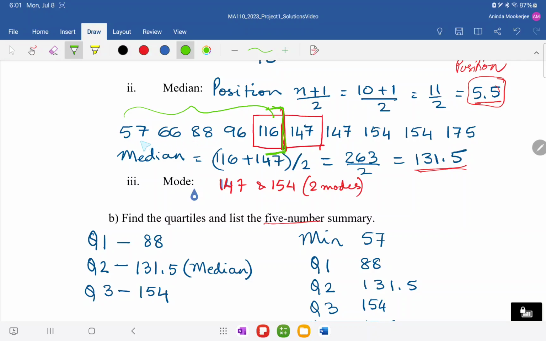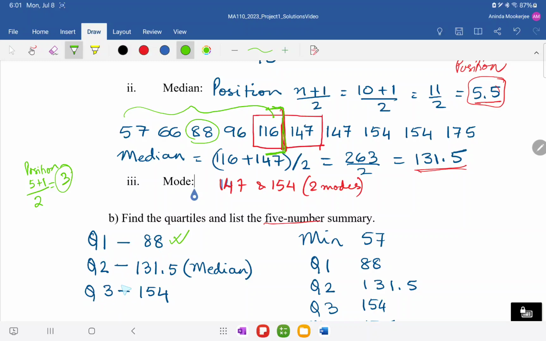How many values do we have in the first half? 1, 2, 3, 4, 5. By position, it would be 5 plus 1 divided by 2, which is 3. So the value in the third position would be quartile 1. Let's walk the list: 1, 2, 3, 88. That's how I got the 88 for quartile 1.